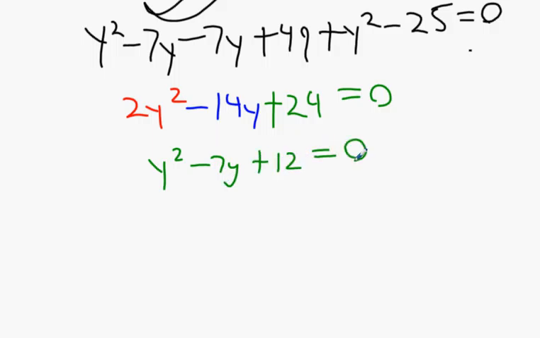What's the reference number? Go for Daniel. Reference number? 12. It is 12. Oscar, what are the two factors of 12 that will make minus 7? Well done. Then after that, what do we do next?